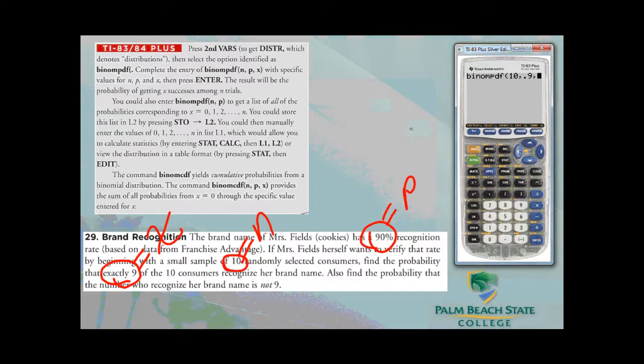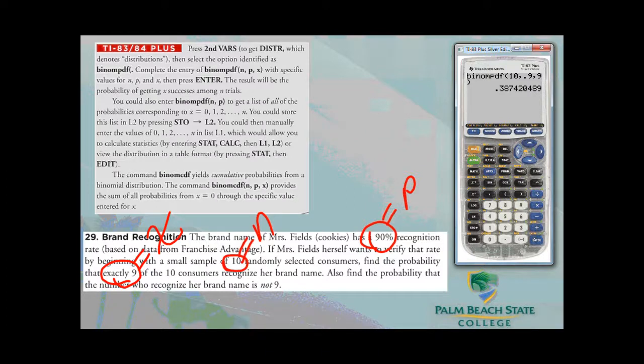Notice I'm putting commas between them: n comma p comma x, and the comma is above the number 7. And then x is 9, so let's put in the 9. Then we close the parenthesis and press enter. And it gives us the value 0.387. So the probability that exactly 9 of the customers recognize the brand Mrs. Fields is 38.7%.